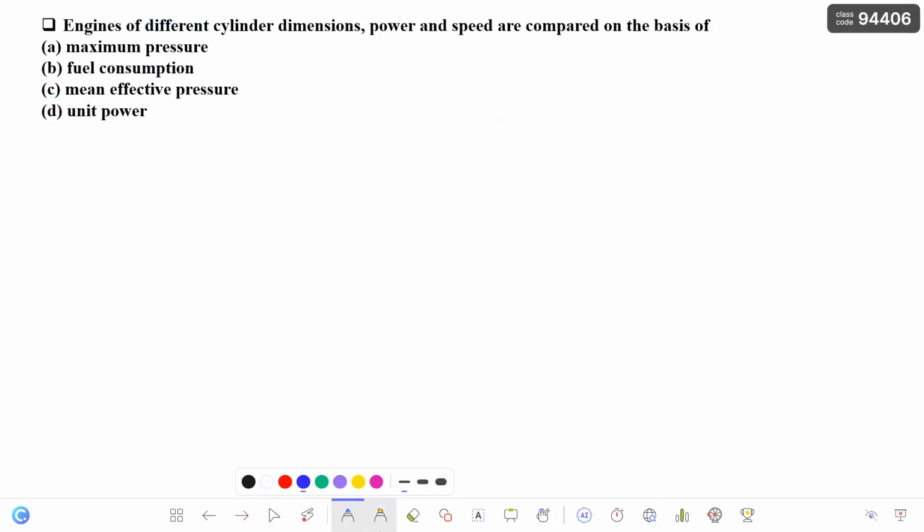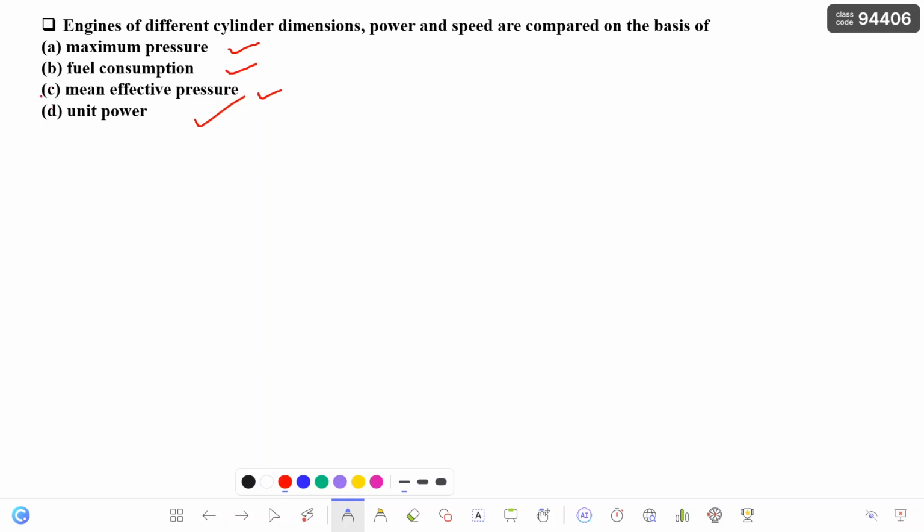Engines of different cylinders, different cylinder dimensions, power and speed are compared on the basis of what? Maximum pressure, fuel consumption, mean effective pressure, or unit power. Which one? Mean effective pressure. Yeah, correct.